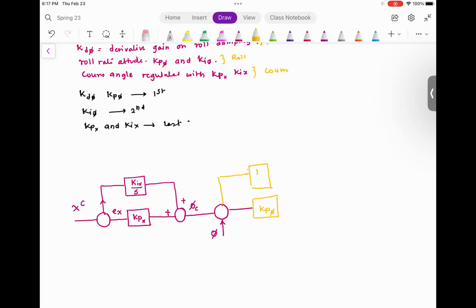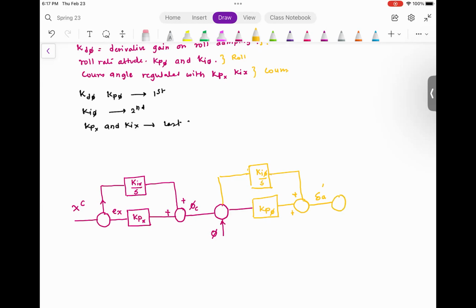So which is Ki phi divided by S. These two terms get combined over here. So this is plus, this is plus. Then what happens is you get an aileron feedback.